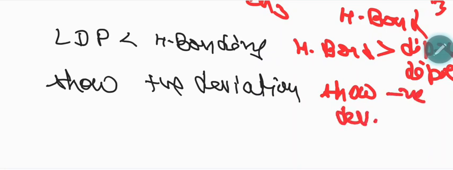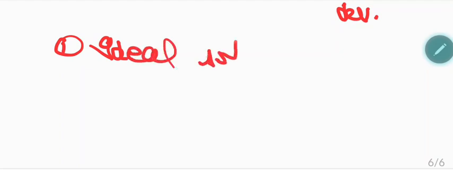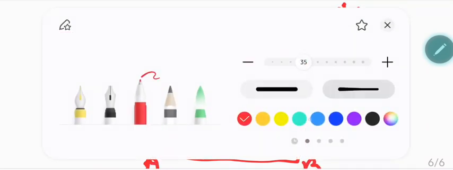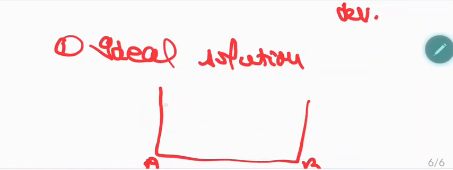So now we can make a graph for all these. Number one, for an ideal solution, meaning a solution which obeys Raoult's law. For the ideal solution, let this be 100% A and this be B. So this indicates the curve for PA, and this point is PA naught.